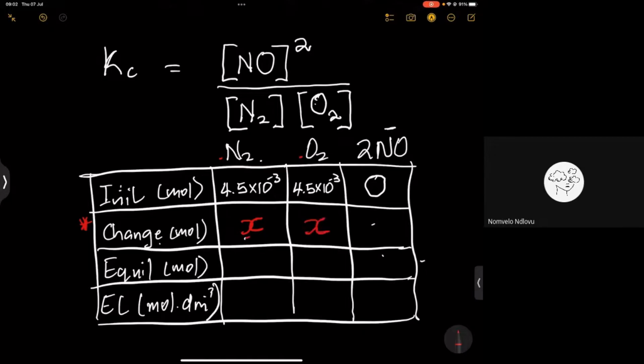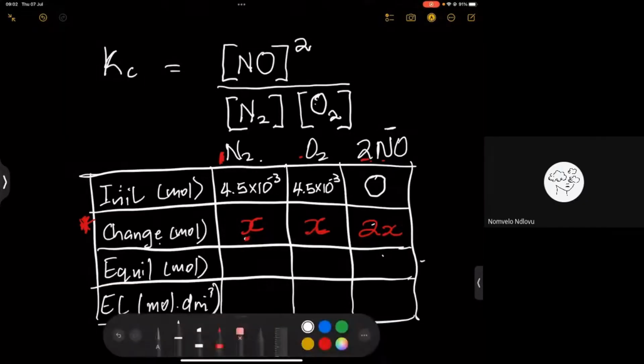An X amount because their ratios are the same. Now, the ratio for nitrogen to nitrogen monoxide is 1:2. So for every one that I use of this, I'll get 2 of that. So if I use an X amount, what will I get for this one? It will be 2X. And please remember, ladies and gents, we only use the ratio in this portion over here. Okay, right. So now, does that make sense to everyone?